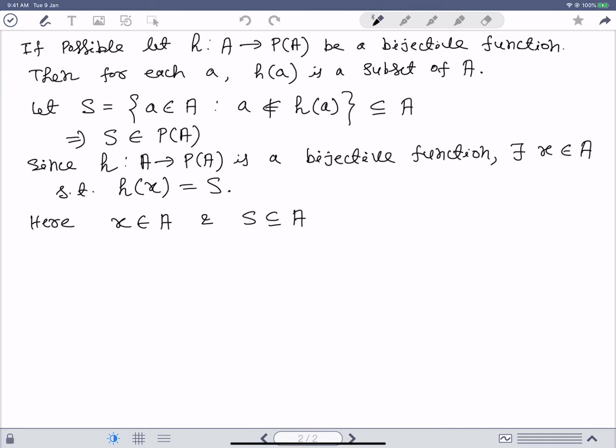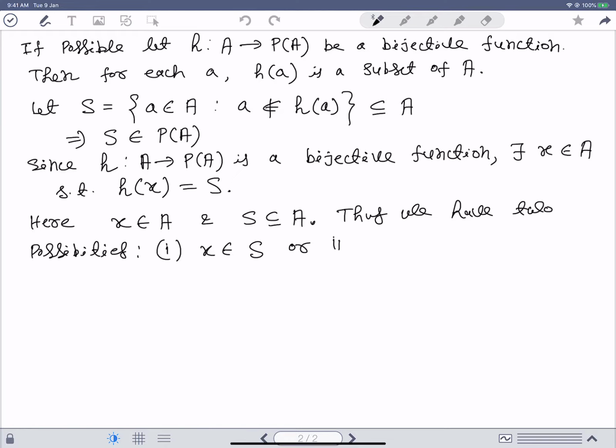Either x belongs to S or x belongs to the complement of S. Thus we have two possibilities: x can be in S, or x is not in S, that means x belongs to A minus S. So these are only two possibilities.